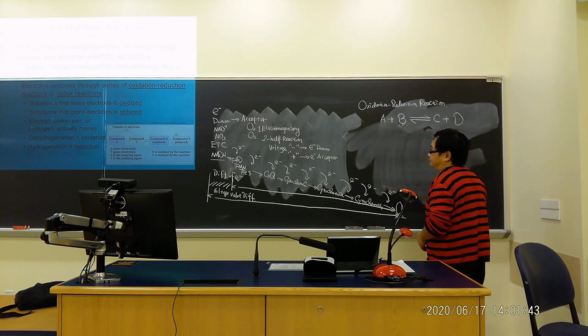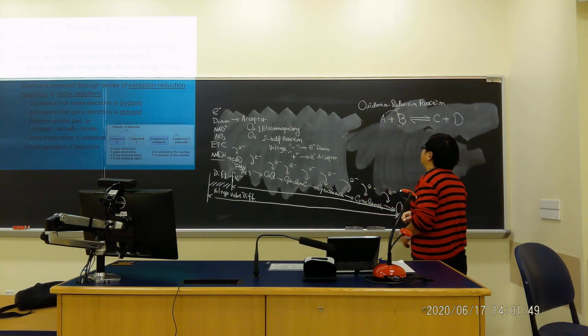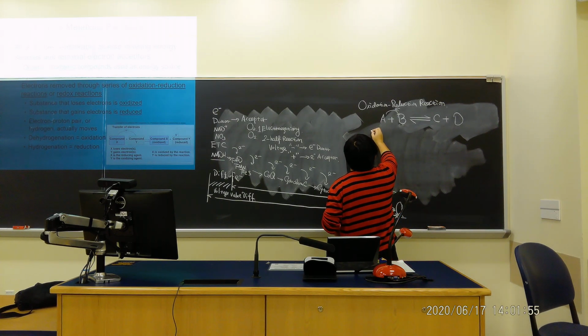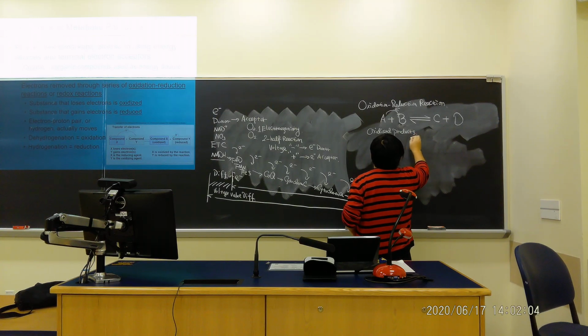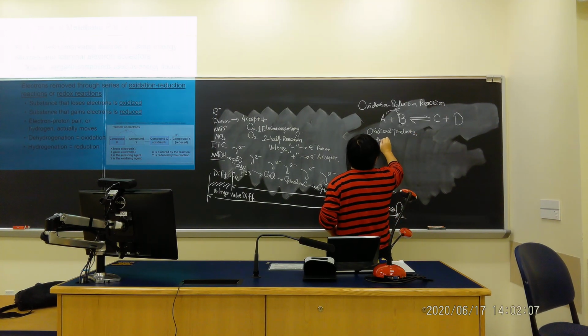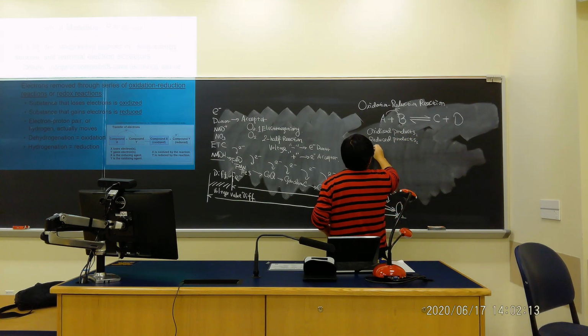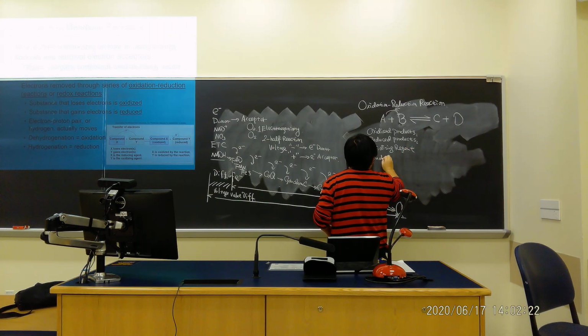Okay, so here is a question. Let's say electron is transferred from A to B. Now you're going to tell me which one is the oxidized product, which one is the reduced product, which one is the oxidizing reagent, and which one is the reducing reagent.